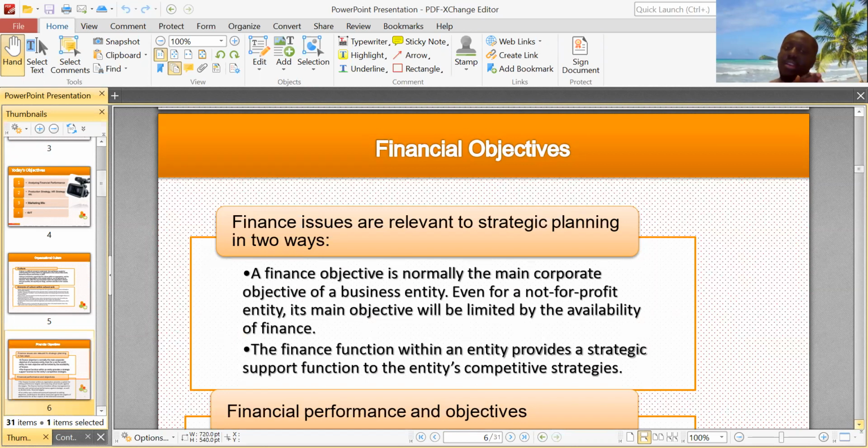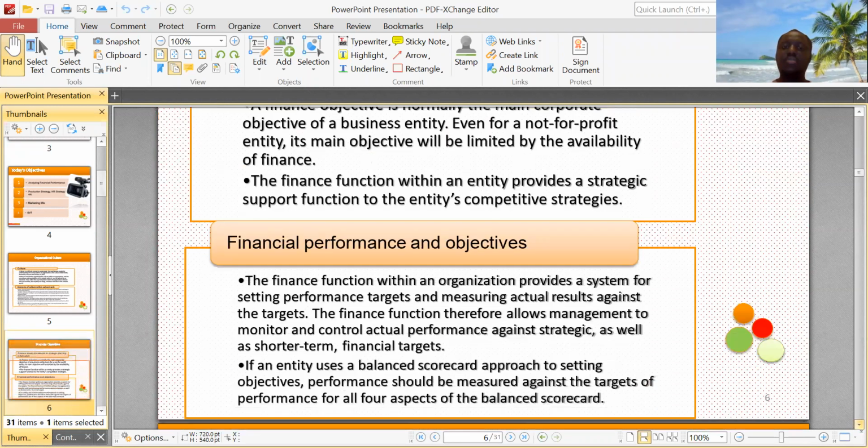So that's how finance objectives are directly tied to strategic planning. The second way is that the finance function within an entity provides a strategic support function to the entity's competitive strategy. So the finance function drives strategy by serving as a backbone or a support for the entity's competitive strategy. So those are the two ways.